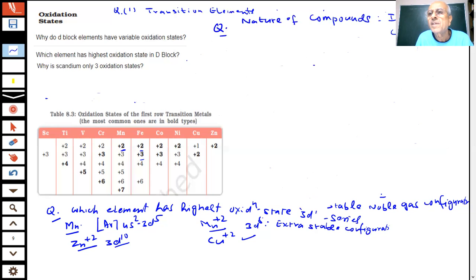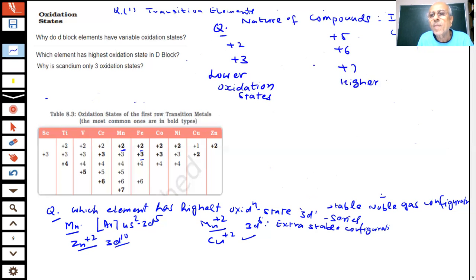So what will happen, students? You are saying that in transition elements you are having plus 2, plus 3 oxidation states. They are lower oxidation states. Then you are saying there are plus 5, plus 6, and plus 7. They are higher oxidation states.